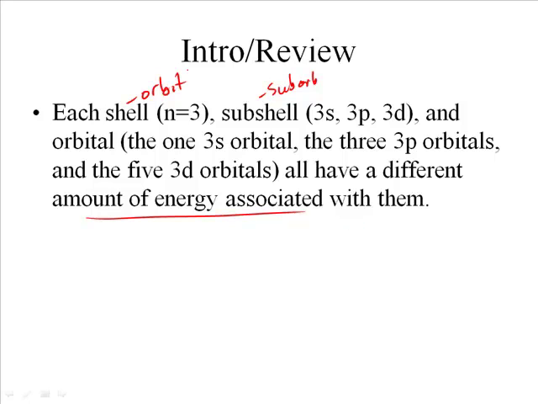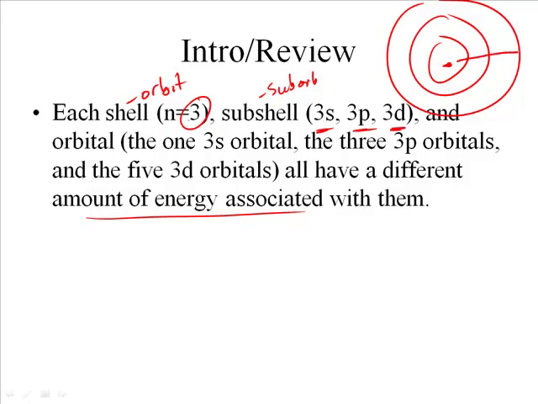So you've got the main orbit, which is the third principal quantum number, and then within that you've got the subshells, which are the 3s, the 3p, and the 3d. And they all have a different energy associated with them. Remember that if this is the nucleus here, the closer you are to the nucleus, the lower the energy. The farther you go out, the higher the energy in the atom.